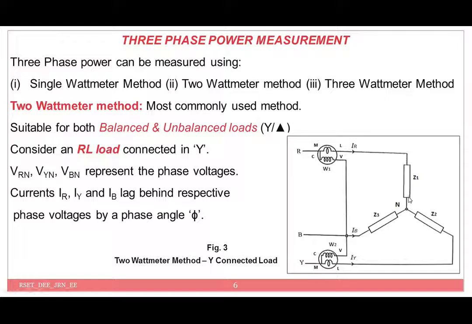There is only one path, so line current is the same as phase current. Here also line current is the same as phase current, and here also. So they are represented by IR, IY and IB. Now since the load is inductive, these currents lag behind their respective voltages by a phase angle phi.